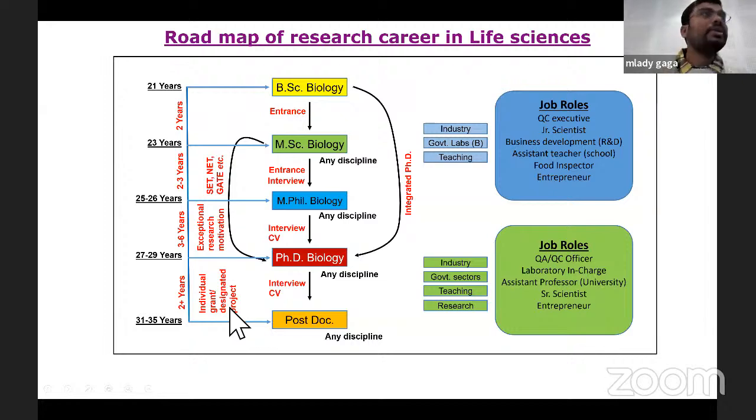For example, you can write an individual grant. This is the point I said, that if you want to write an individual grant, you need to convince the funding authority that you are eligible, that you are capable of performing this research, and that this research will help society in a broad view. Always remember, you cannot say that I did PhD because I want to get a job.